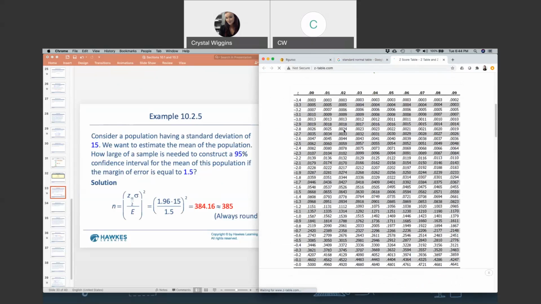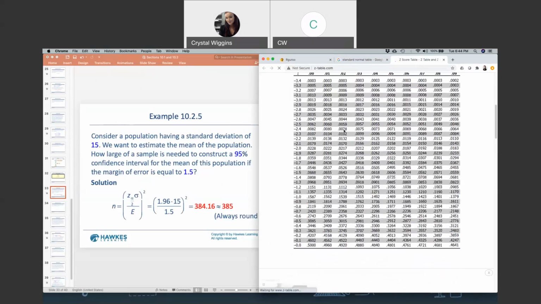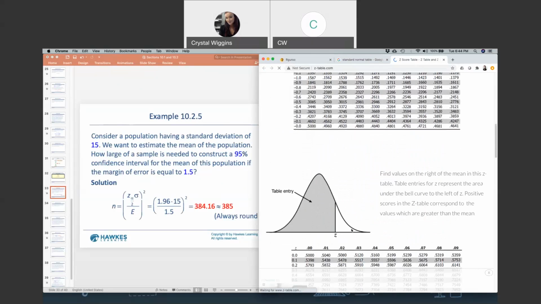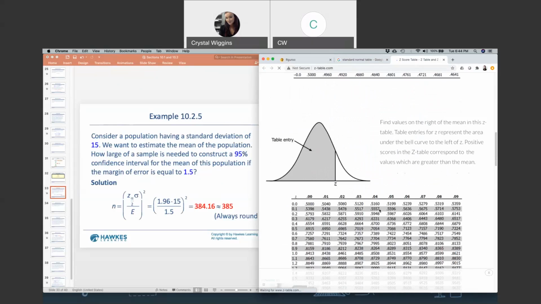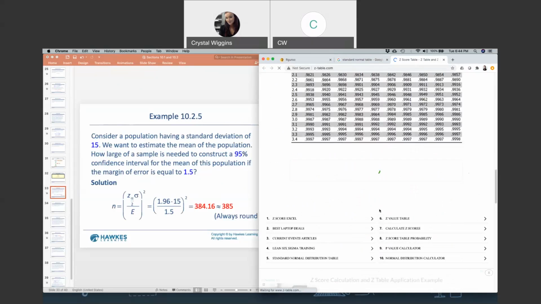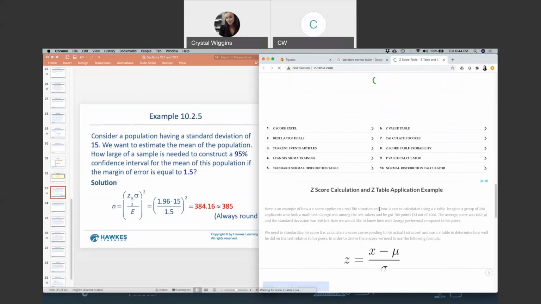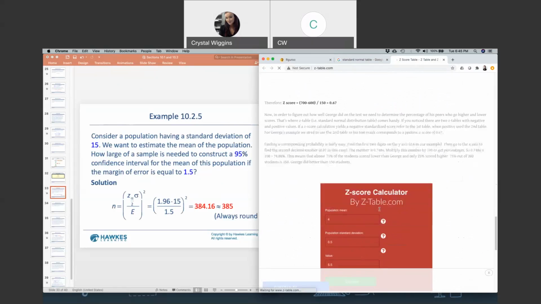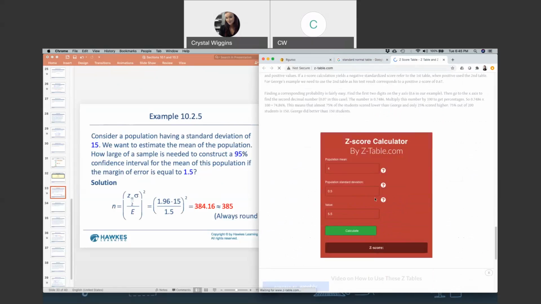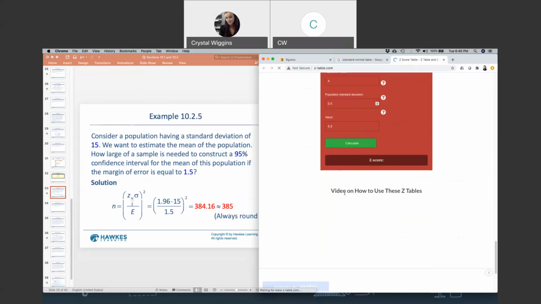So what we're looking for is 95% confident. Usually it has a little cheat sheet table at the bottom for critical values. Ooh, Z-score calculator, that's fun. Unfortunately, we don't have the population mean, so that's not going to help us.